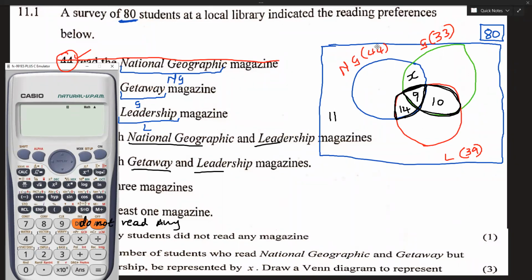So let's start with NG. The total for NG is 44. So I'm going to say 44. Then I need to minus this, that, and that because they are all on this circle. Do you see it? So minus 14 minus 9 minus X, right? Minus the X, which is not a like term. So we're going to have, let's see, I think I made a mistake there.